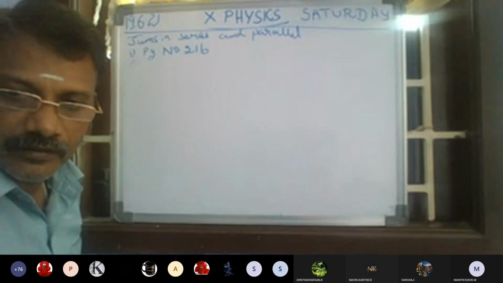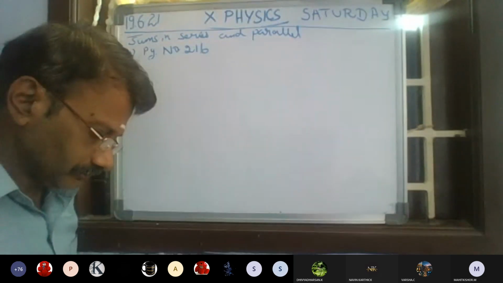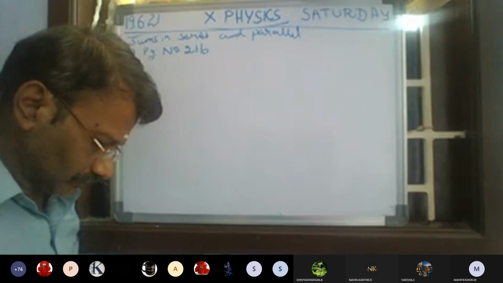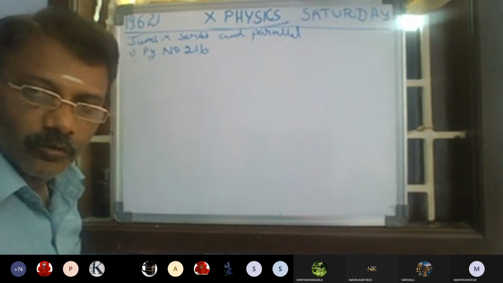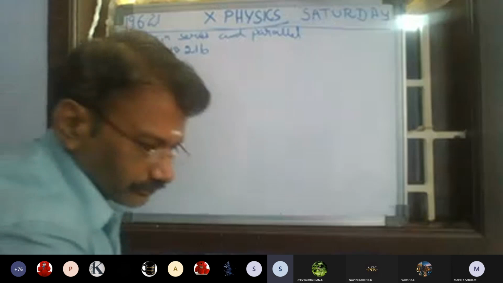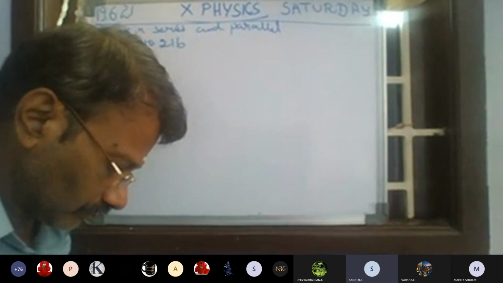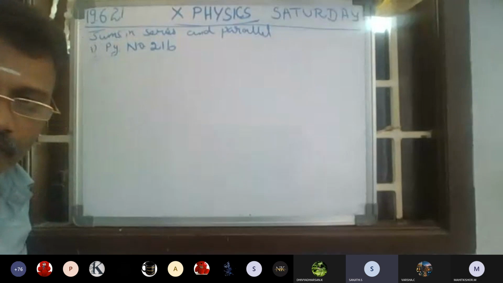Yes, sir. Read the question. Can you read the question? An electric lamp of 1000. Right. Second option. Option B. Right.